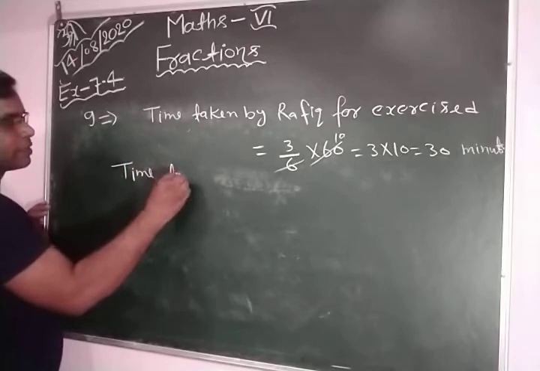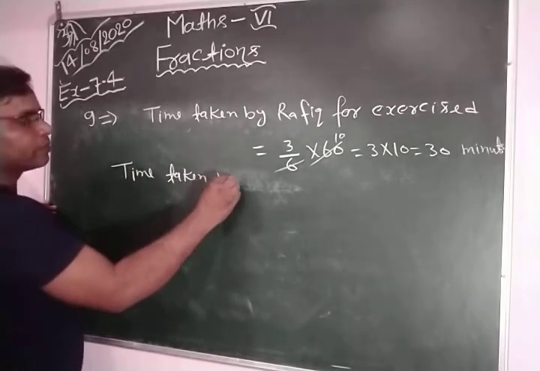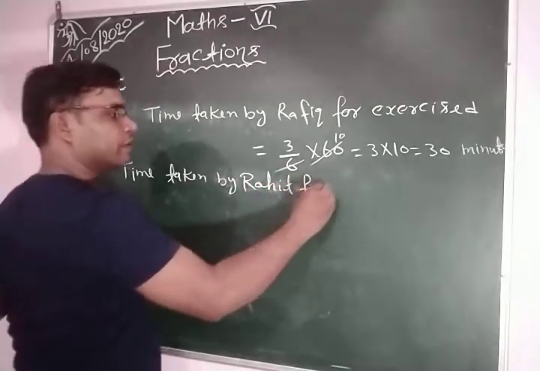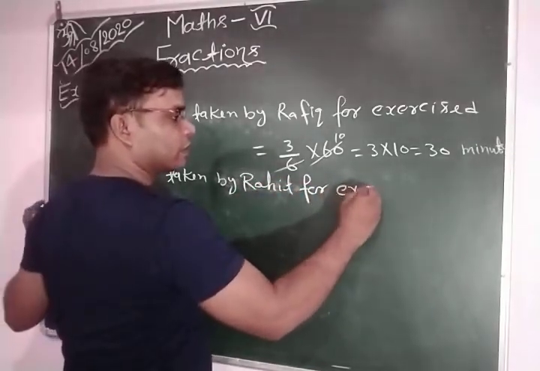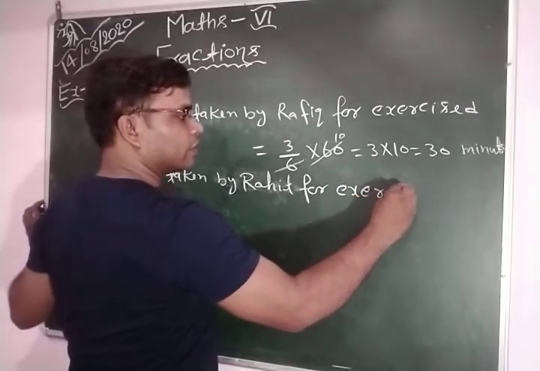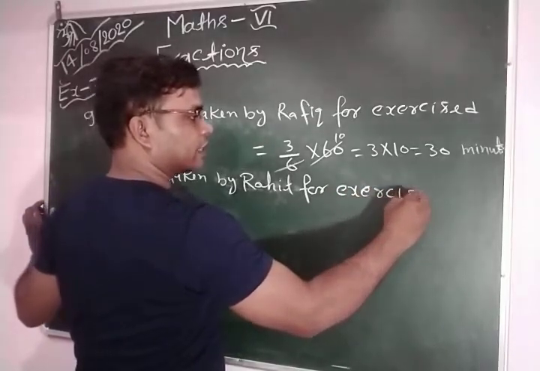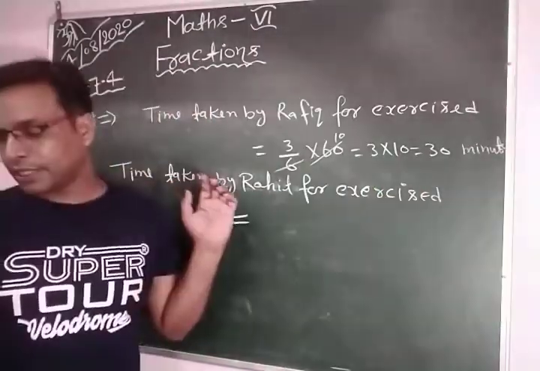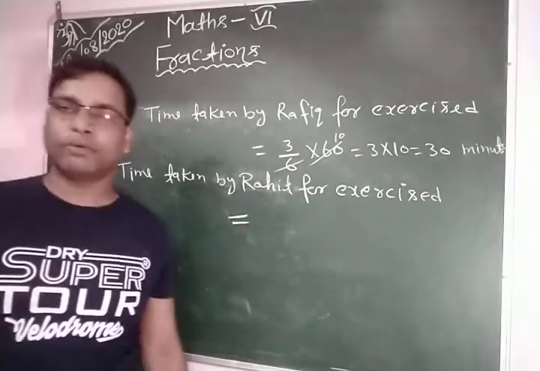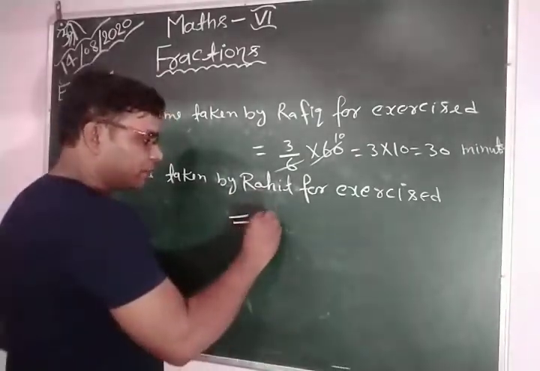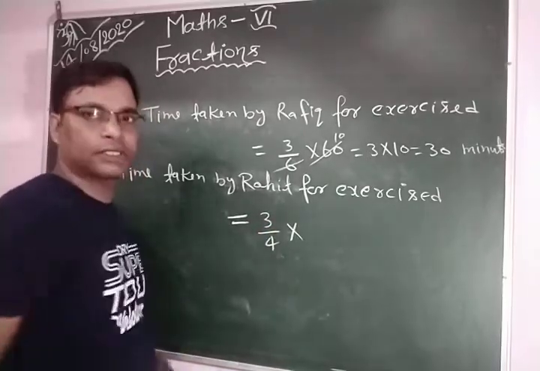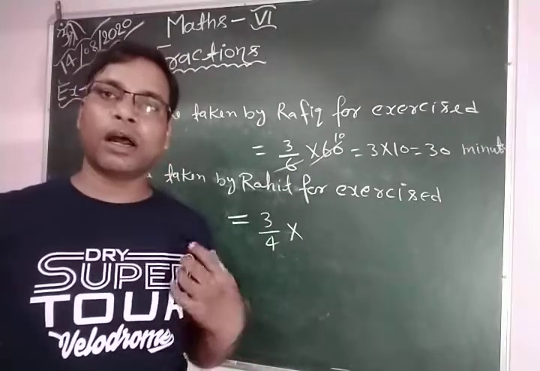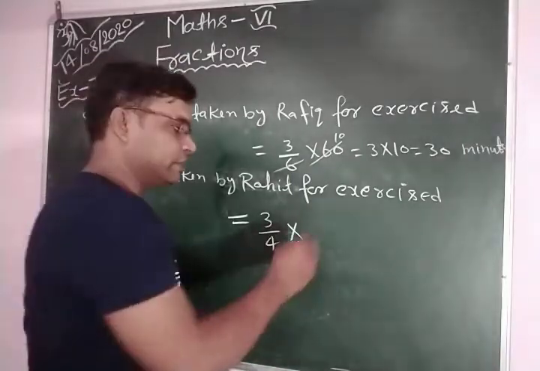The time taken by Rohit is 3 by 4 of half an hour. 3 by 4 of half an hour means 3 by 4 into 60 minutes.